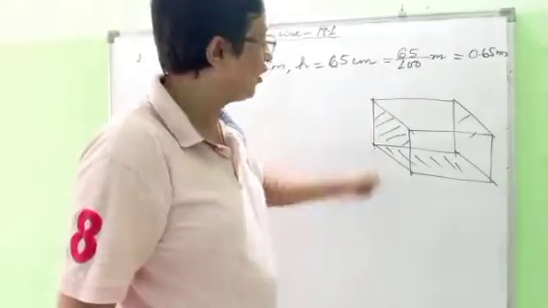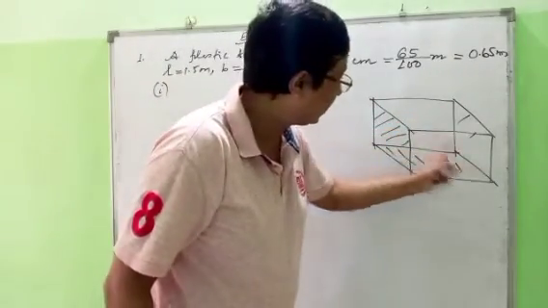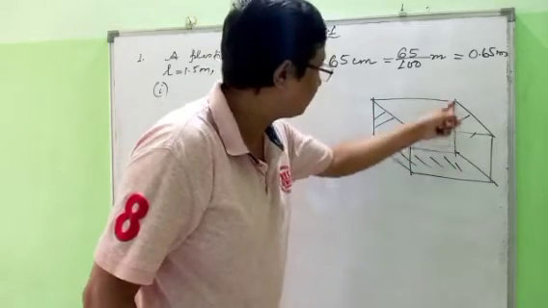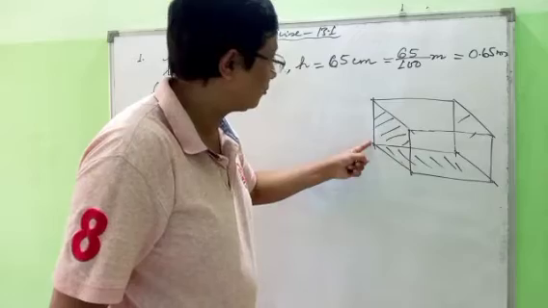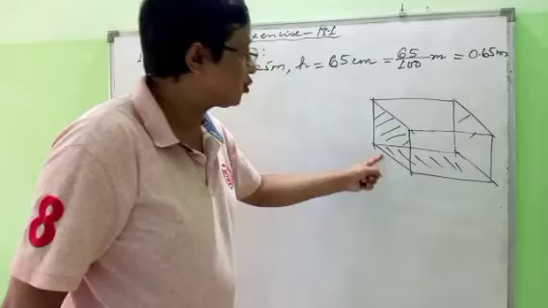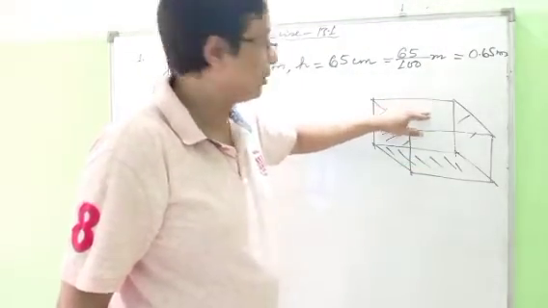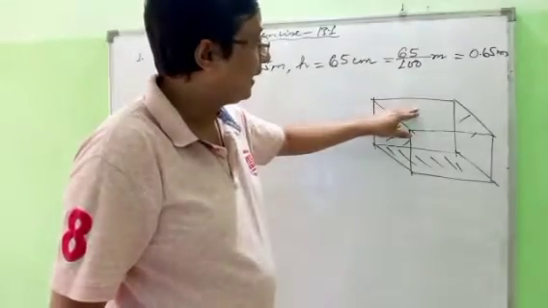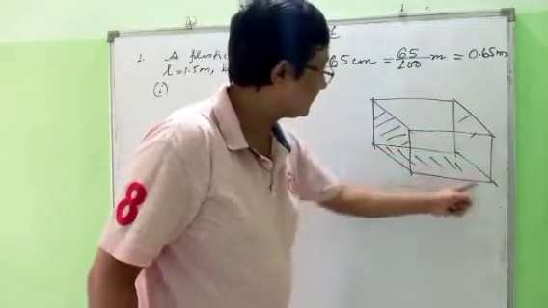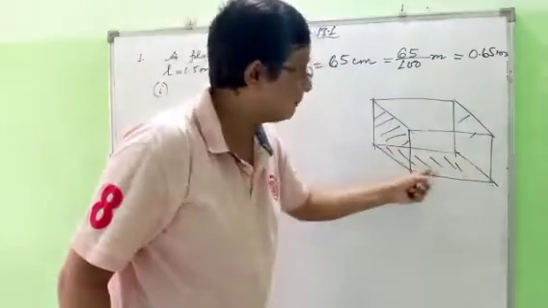This wall is made with plastic, the backside wall, this wall, and the opposite wall, and this base also. But the upper one is open, so there is no plastic. So you are going to count the area of 4 walls, 1, 2, 3, and 4, plus the base.